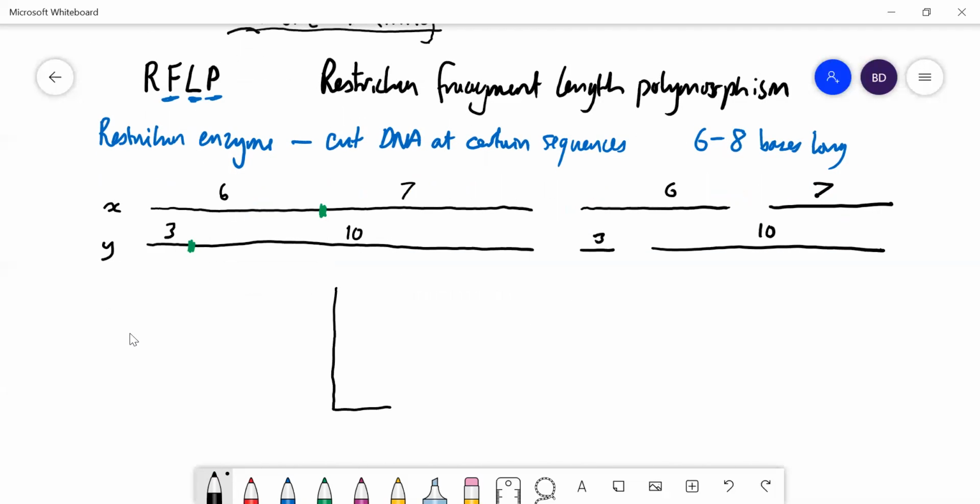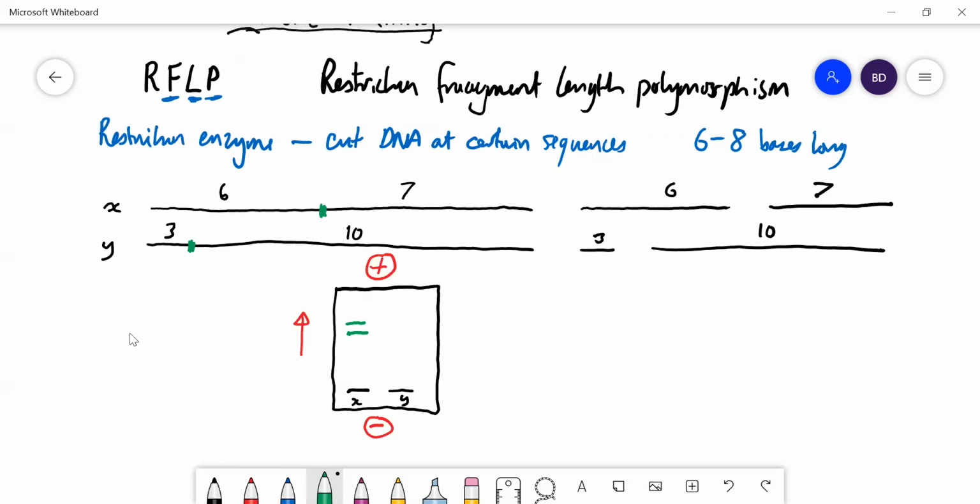So here's our agarose gel. As we've said before, DNA is negatively charged, so you've got a positive voltage up here and negative voltage there, and the fragments are all going to move that way. The smallest fragments move the fastest. We put our X into there, put our Y into there. X is going to give us one fragment at 7, which doesn't go that far, and 6 goes a bit further because it's smaller.